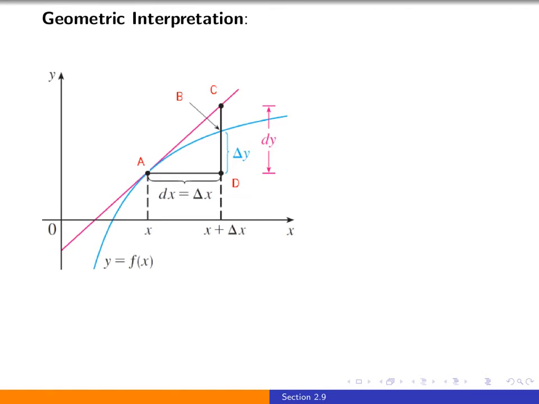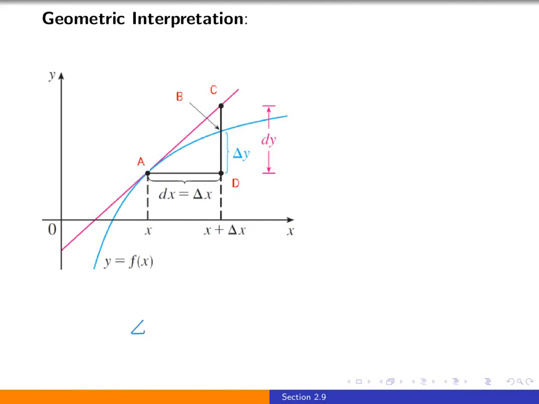What I would like to know is, if I change that input slightly, that is, if I let delta x be the change in x, which I set equal to the differential dx. So dx is going to be some small number which represents how much we change x. I would like to know when I change x, how much does my function value change?